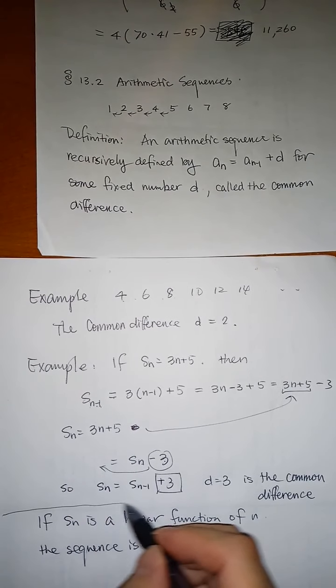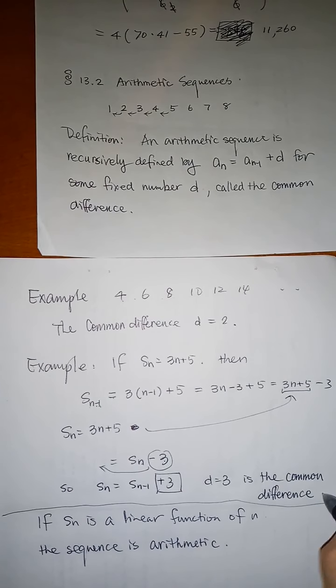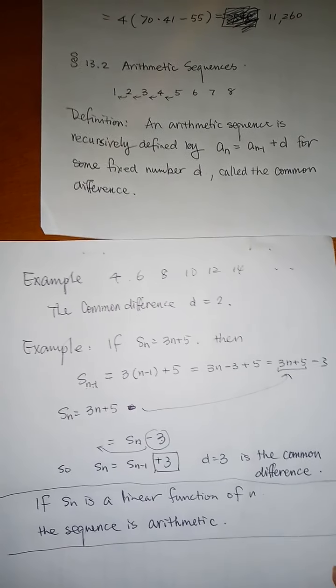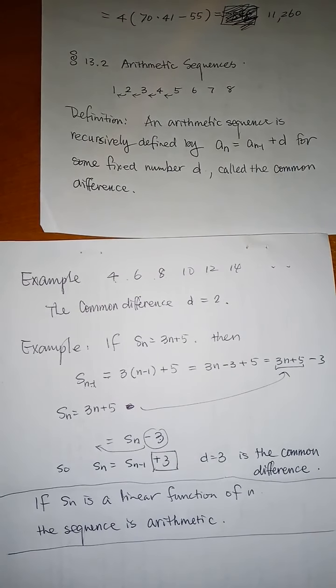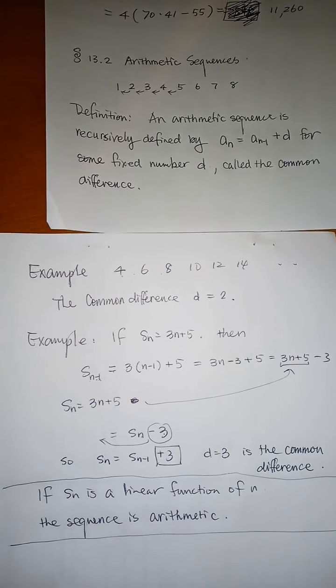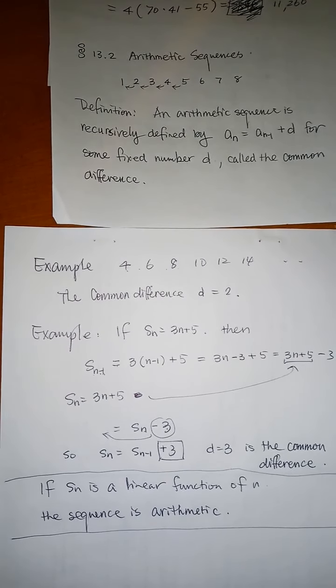So here we finish the example, and this is the general statement. Whenever you have a linear function in terms of n, then you have an arithmetic sequence. Okay.